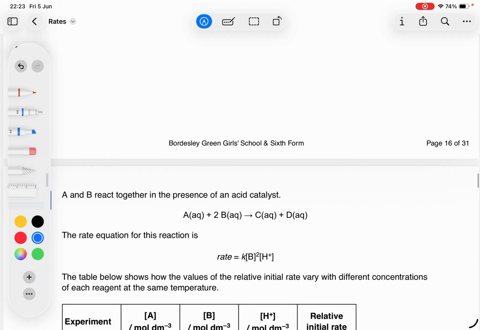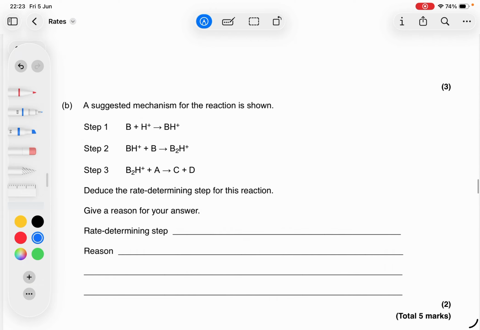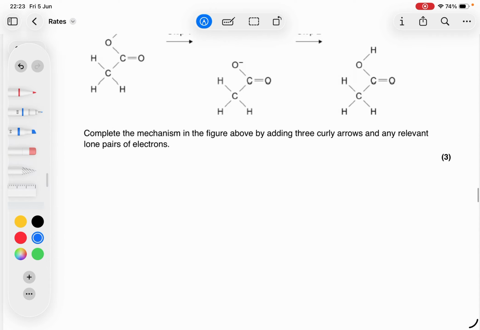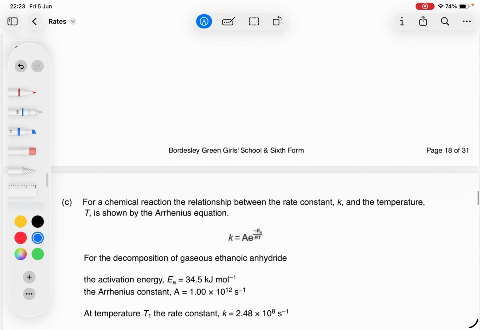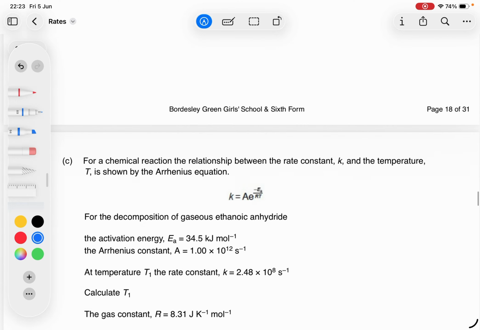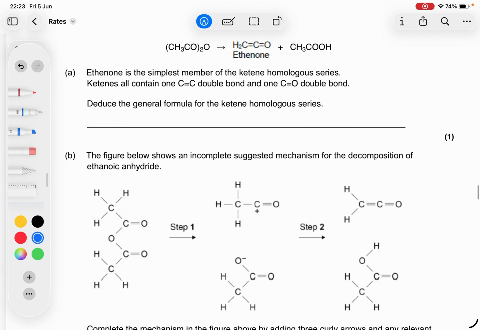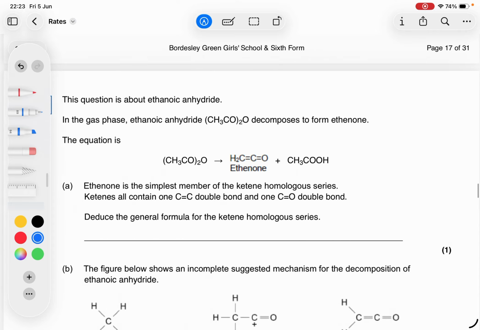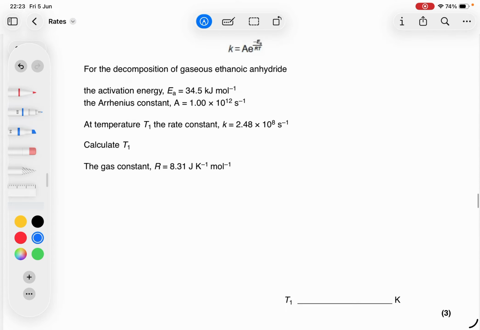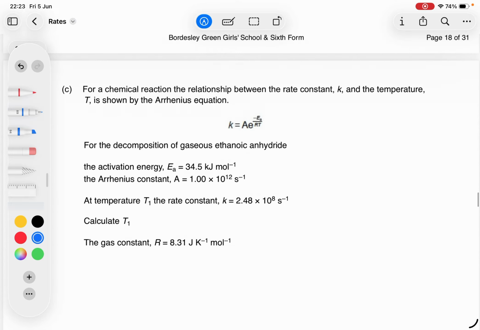Same type of question, you just plot a graph. The one I want to do is this one here, as a final question for today. This question is an Arrhenius equation type calculation, and what you have to do is a calculation.